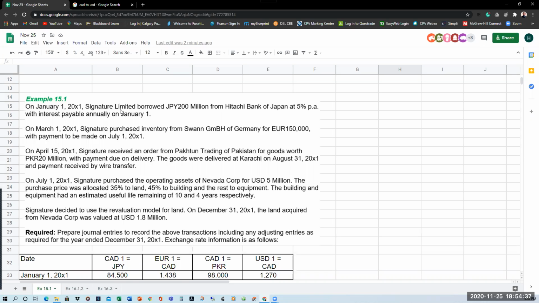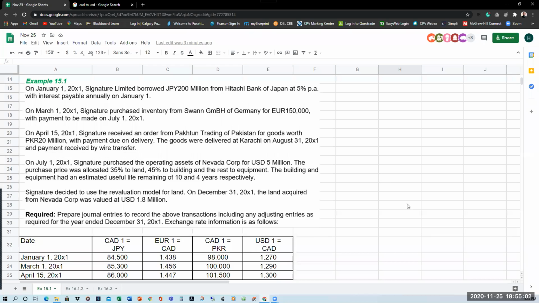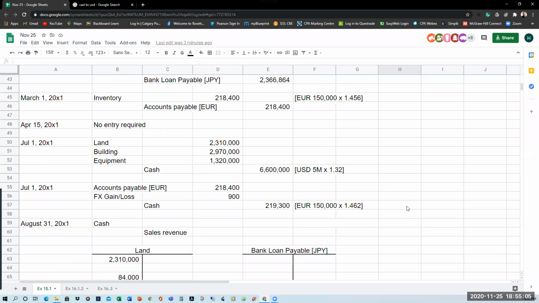When you accrue the interest, you know the journal entry is debit interest expense and credit interest payable. The Japanese yen amount is 10 million Japanese yen, because your bank loan is 200 million yen. Interest rate is 5%. 5% of 200 million gives you 10 million Japanese yen. So you got to record the interest.